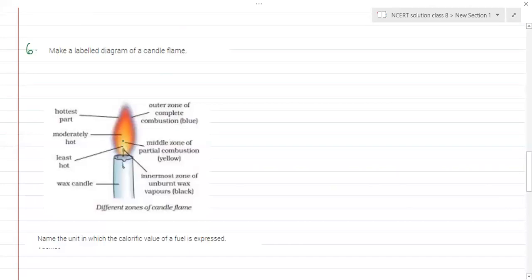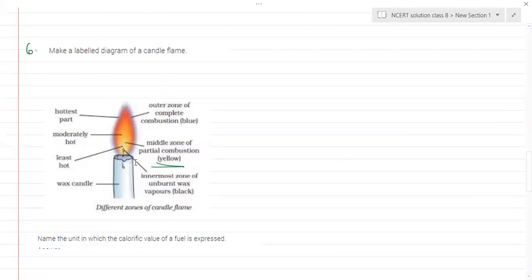Then you have the middle zone, which is yellow in color because partial combustion of carbon particles takes place. And then you have the outermost zone, which is bluish in color, and thus it is actually giving you the maximum amount of heat. It is also blue because all carbon particles are being combusted here.